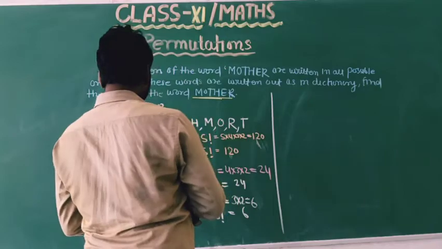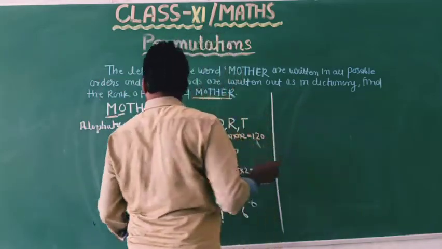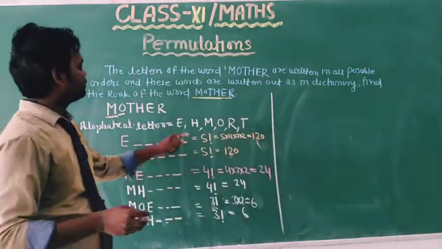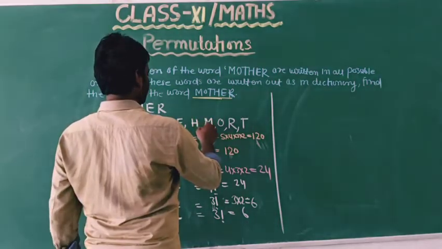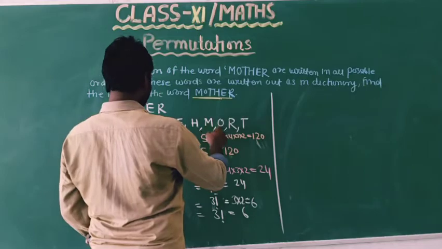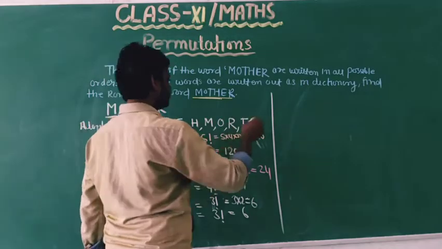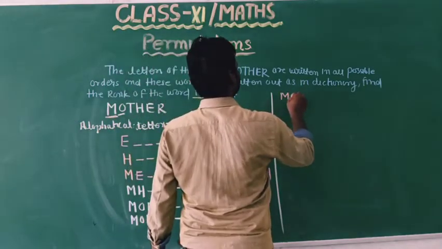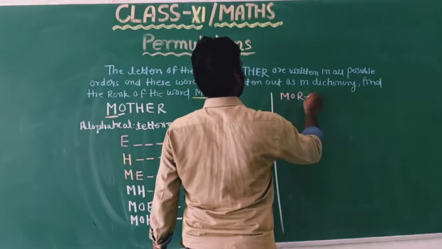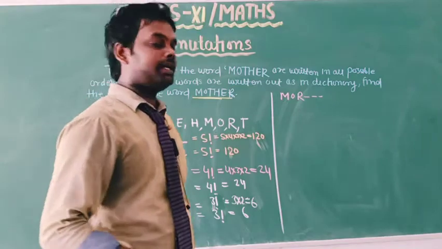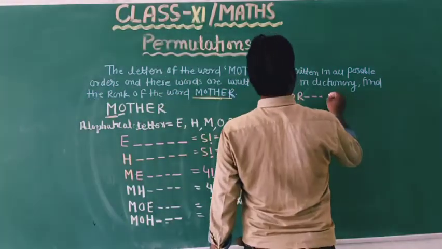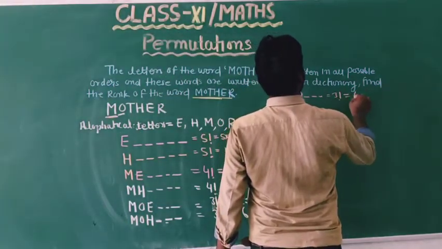After M O H, we come to M O R, and the remaining 3 letters are arranged again in 3 factorial ways, equal to 6.